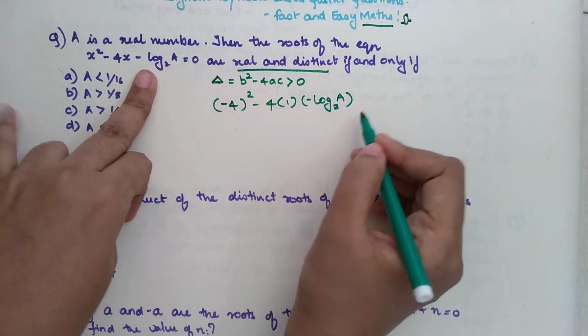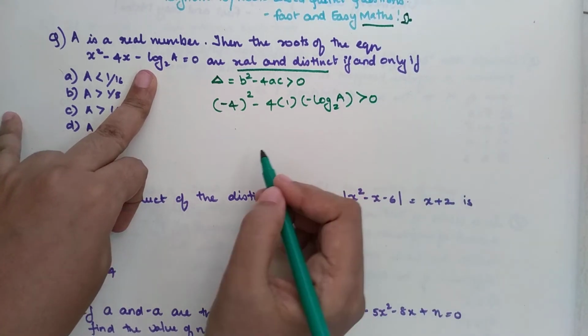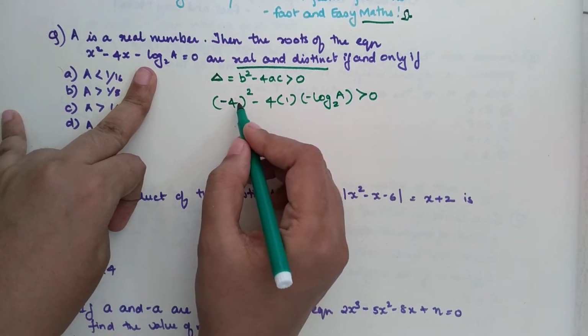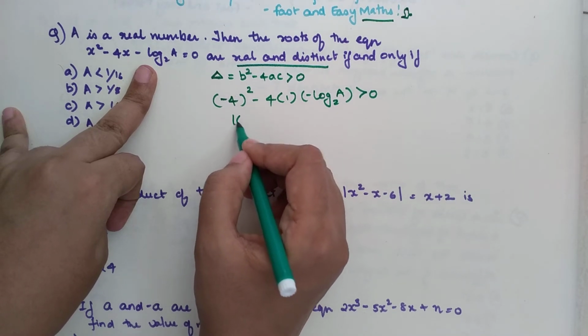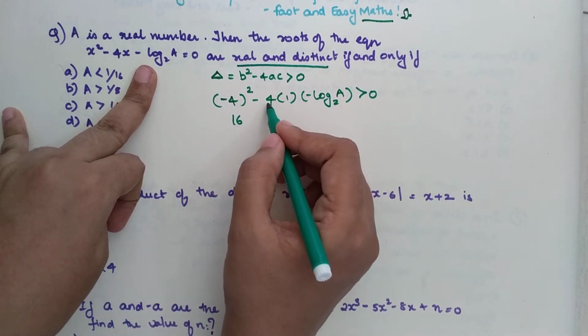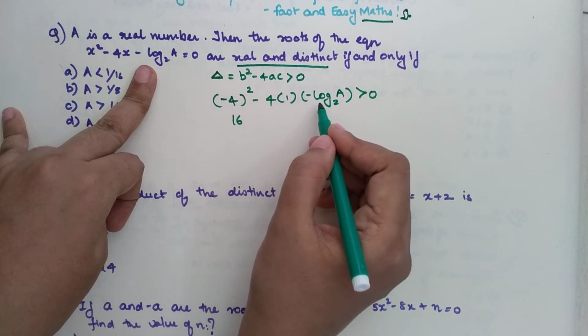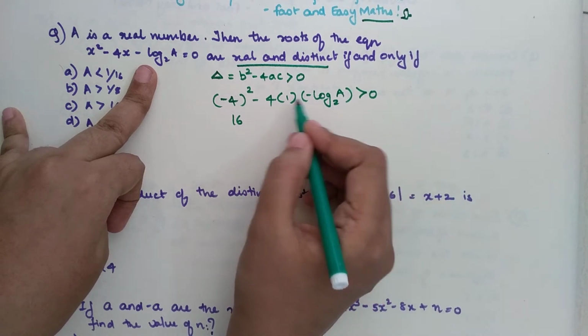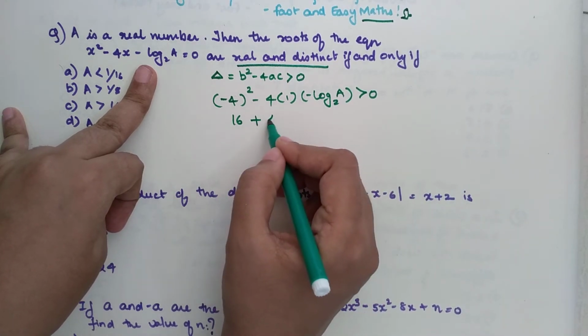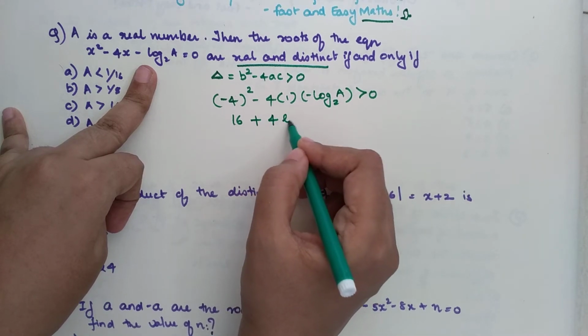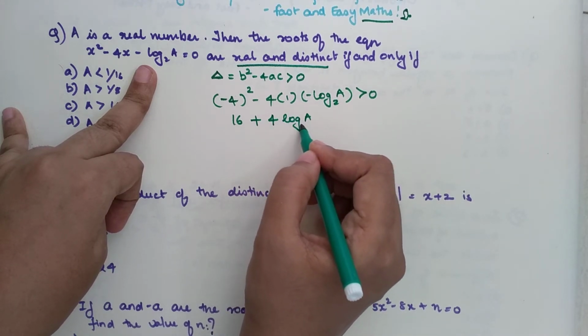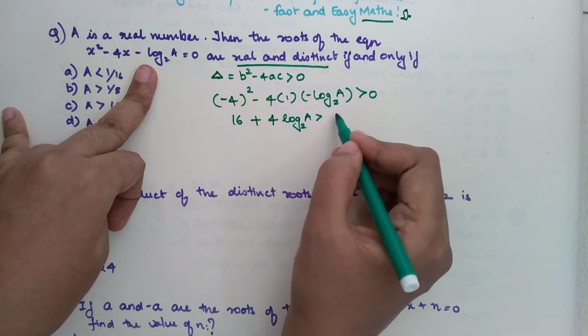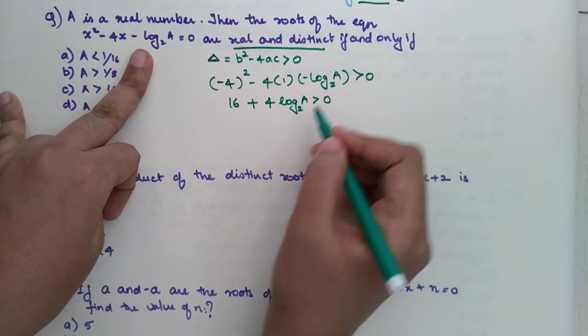Now this has to be greater than 0. Negative 4 square gets you 16, minus 4 into 1 into log of a to the base 2. So you get 16 plus 4 log of a to the base 2, and this has to be greater than 0.